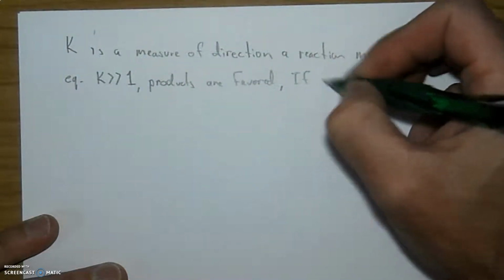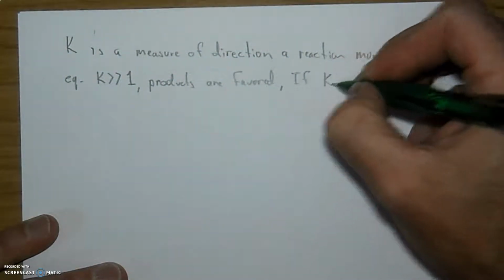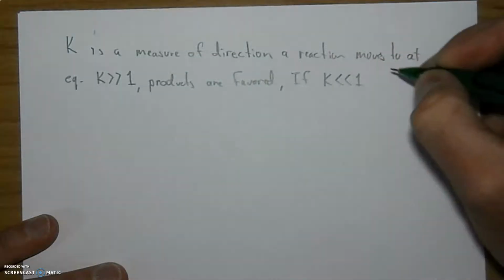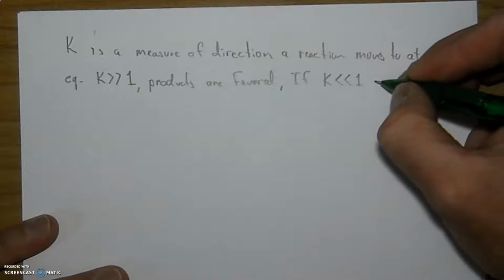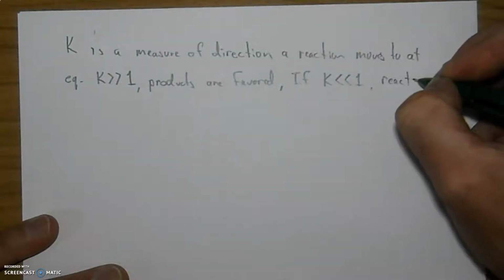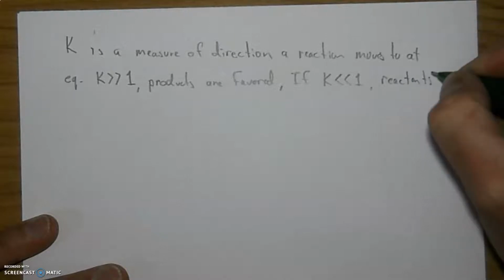If K is very, very small, something much less than 1, then reactants are favored.